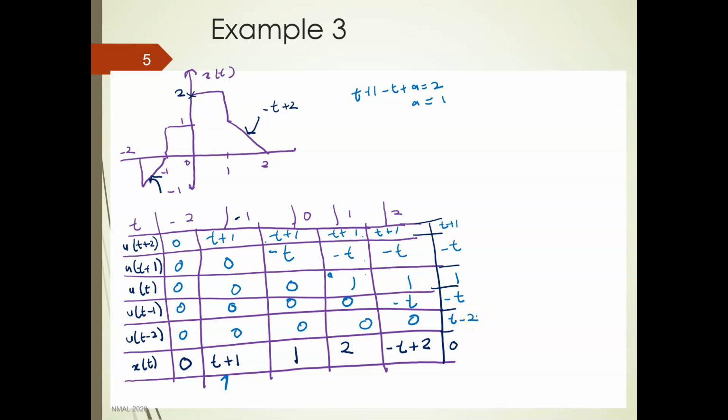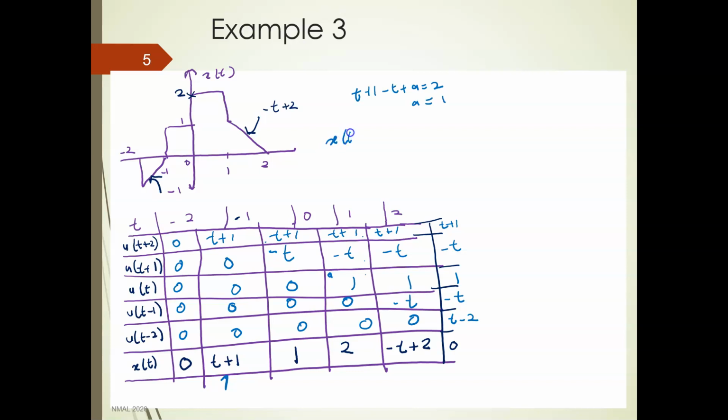So when you have obtained, or when you already fill this table, then finally you can write the whole equation based on the values in this table.